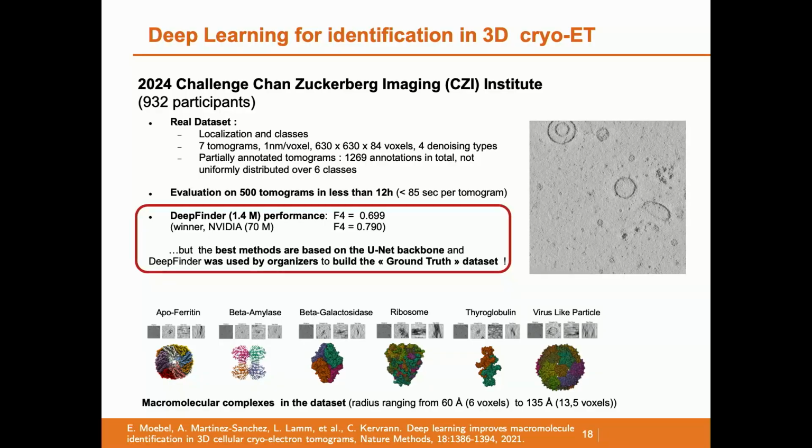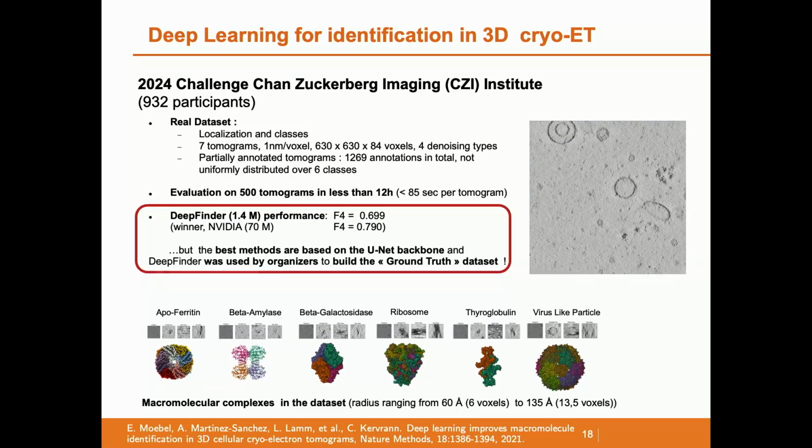Right. So the challenge was, is it possible to process each 3D tomogram in less than 2 minutes? Which is not an easy task. Typically, DeepFinder was not able to process such tomograms in 2 minutes, and we have to update this software to compete.